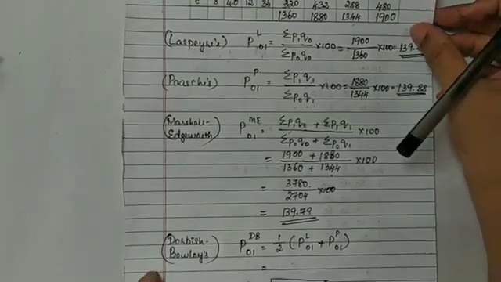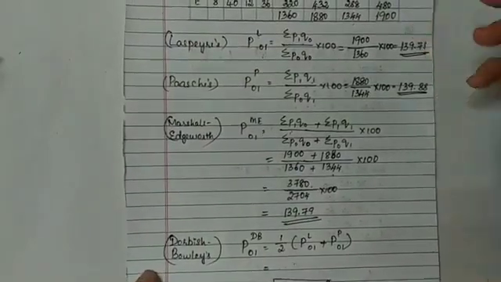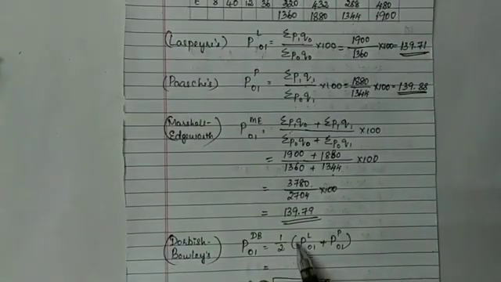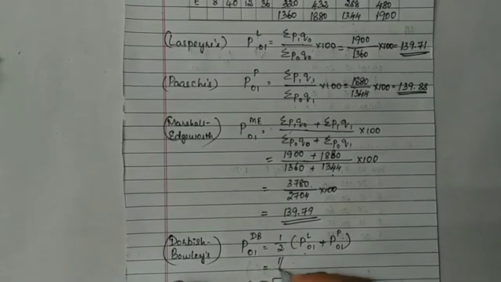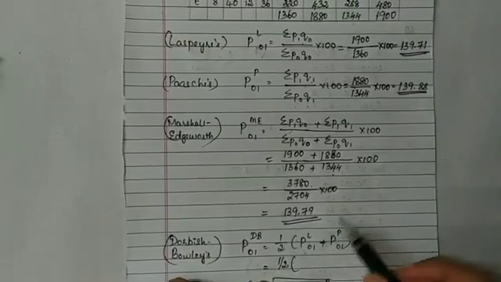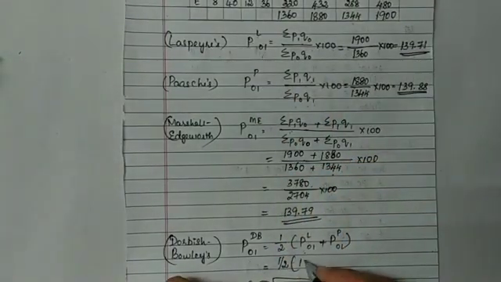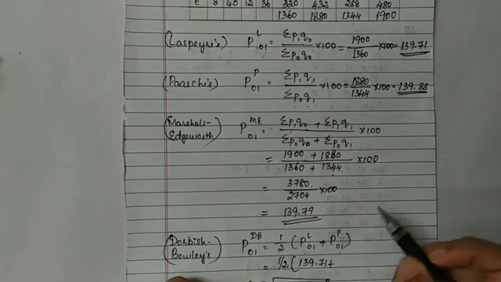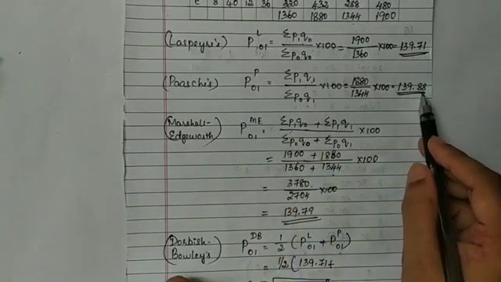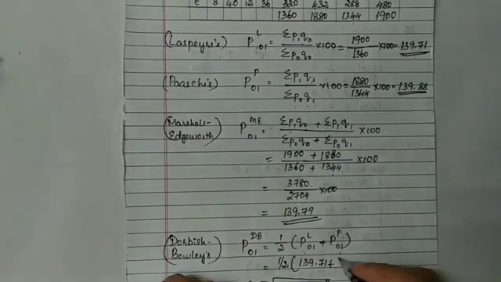And the next one is Dorbish and Bowley. So for this again, P01 of L and P. 1 by 2 into L, it is 139.71 plus P01 of P is 139.88.